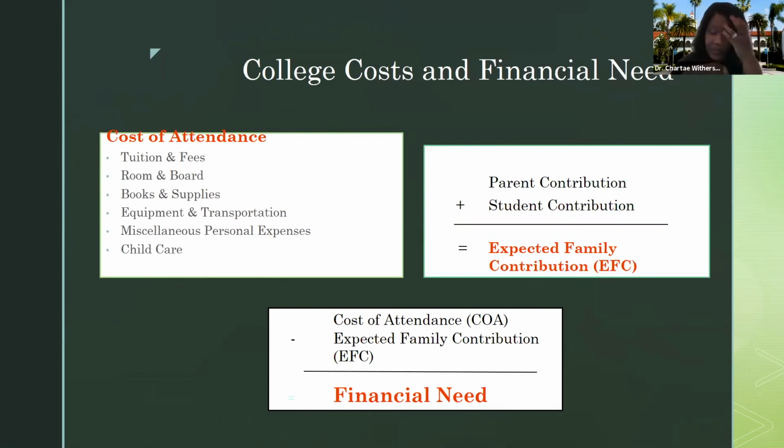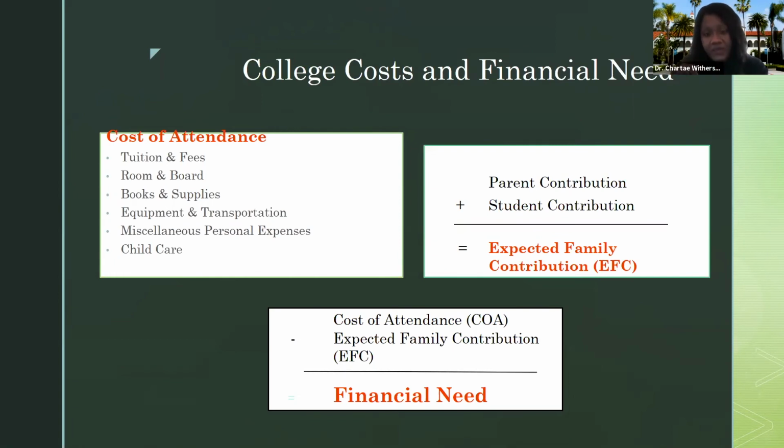So you'll get that number. And then you look at the parent's contribution, what the parent is able to contribute to your education, as well as what you're able to contribute to your education. That's what gives you the expected family contribution. So some of you guys may have heard EFC, the expected family contribution.